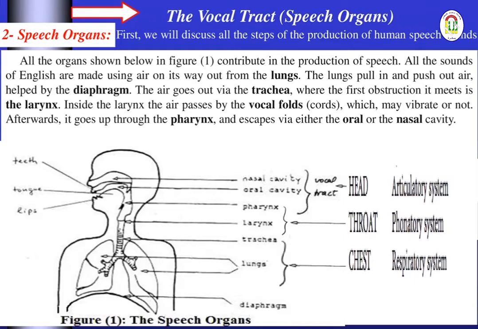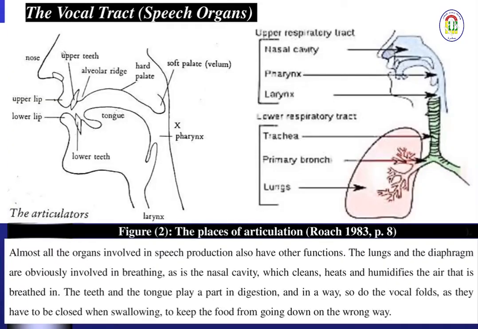Inside the larynx, it passes by the vocal folds, which may vibrate or not. Afterwards, it goes up through the pharynx, then it escapes via either the oral cavity or the nasal cavity. Almost all the organs involved in speech production also have other functions.